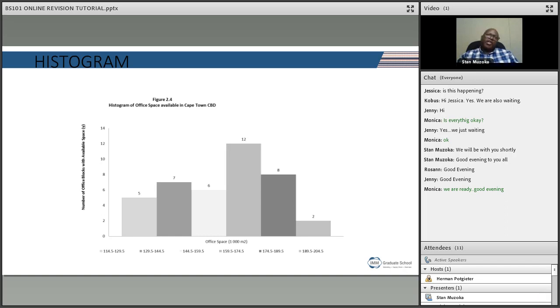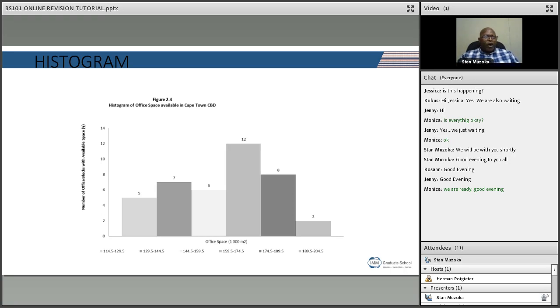You can also present it in a bar chart format, where the bars are different from the bars that you see there, which are touching each other, hugging each other, with no spaces in between.